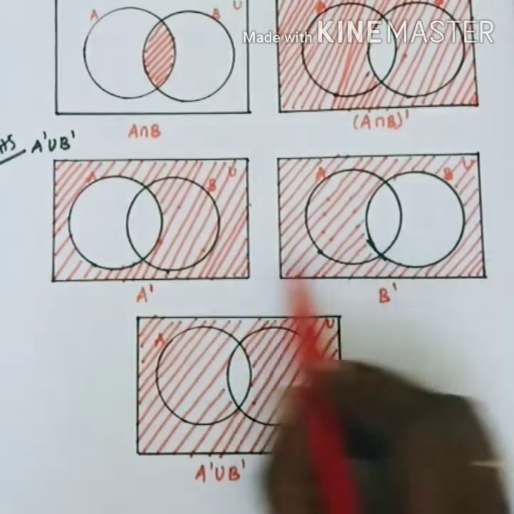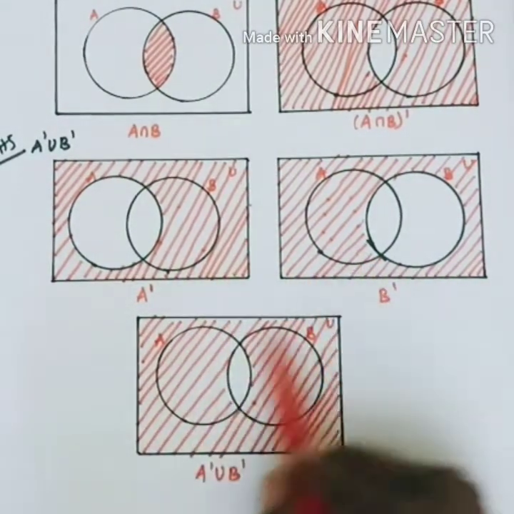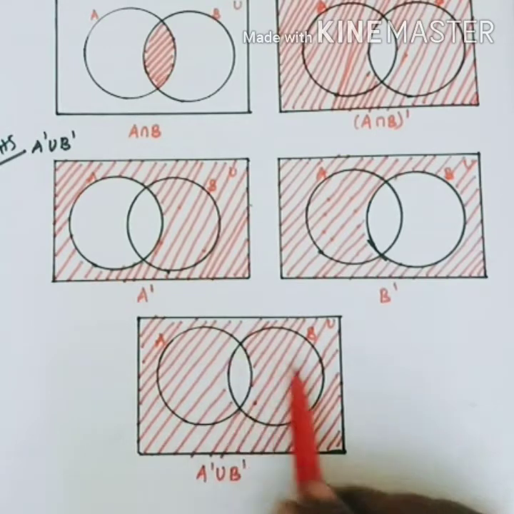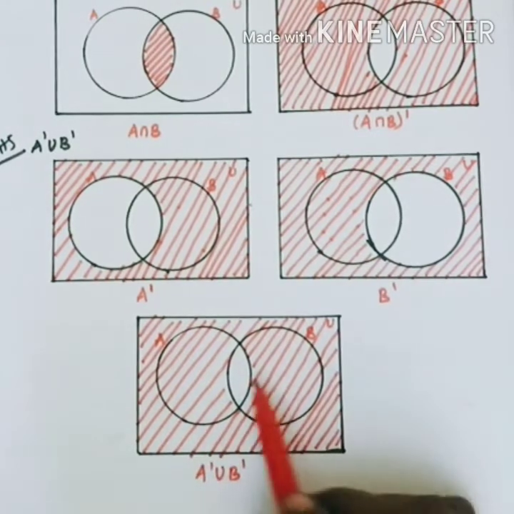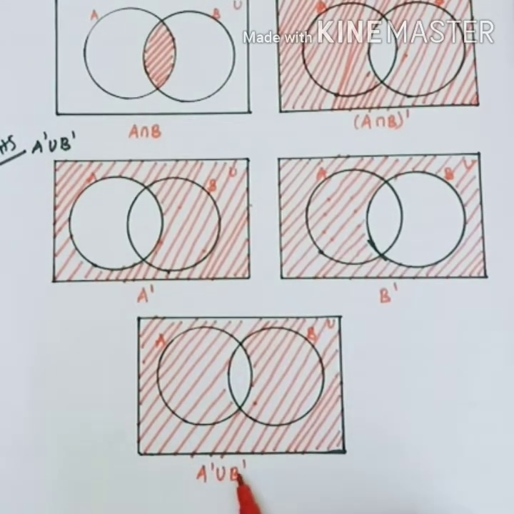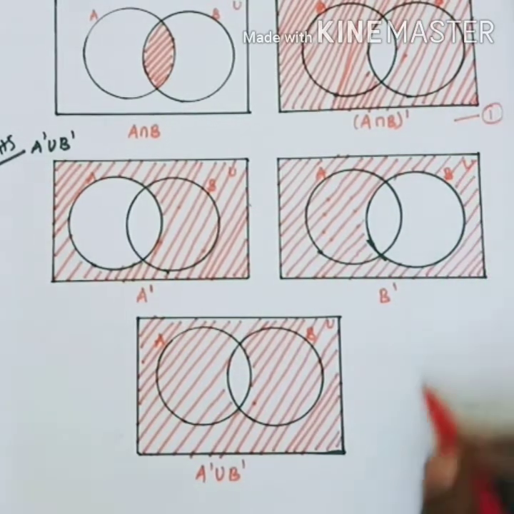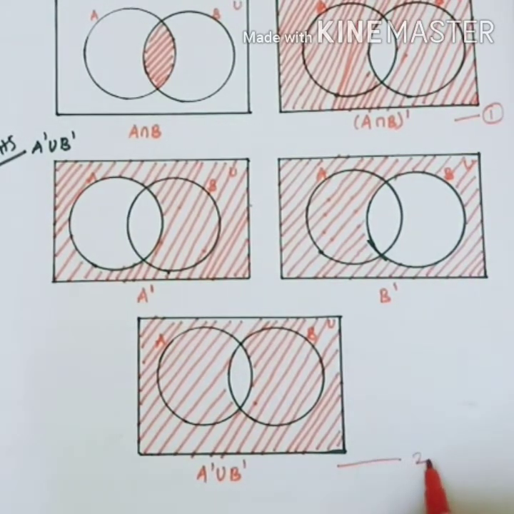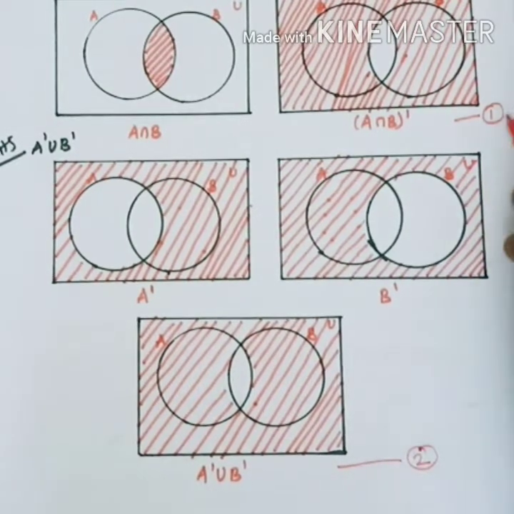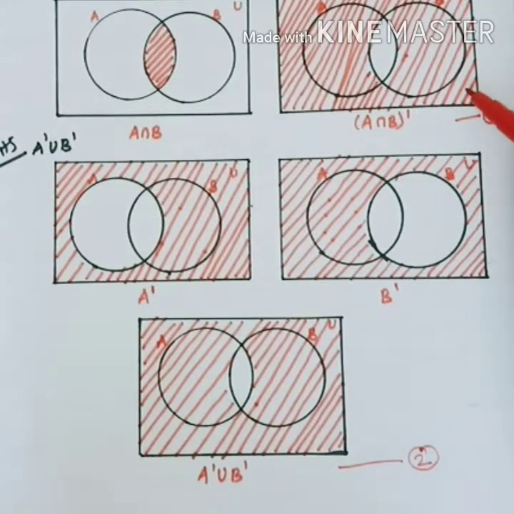So in the above two Venn diagrams, we have shaded these portions together. So this is your A dash union B dash. This is the left hand side Venn diagram number 1 and this is your right hand side Venn diagram number 2. Clearly from diagrams 1 and 2, both are looking the same, isn't it?